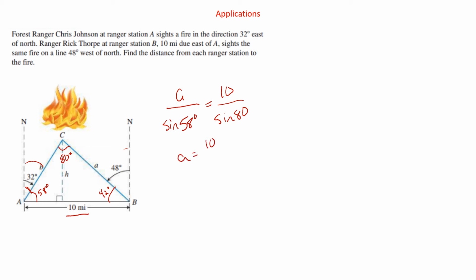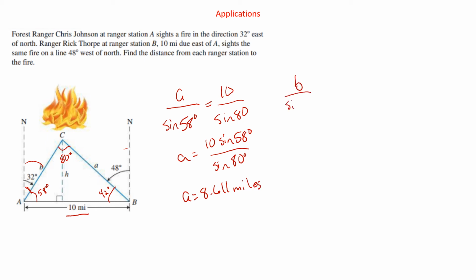So A will be 10 sine 58 degrees over sine 80 degrees. Sine of 58 times 10 divided by sine 80 is 8.611 miles. And we can do the same thing for B.